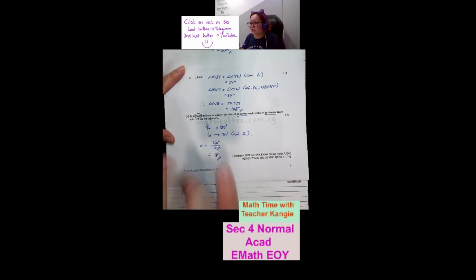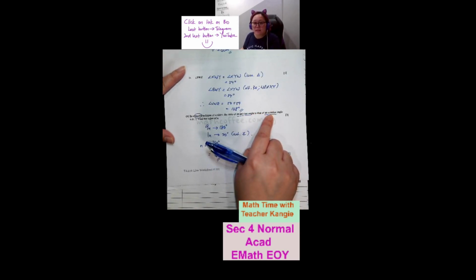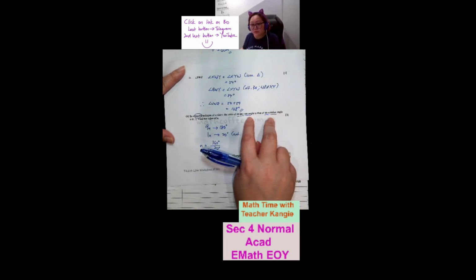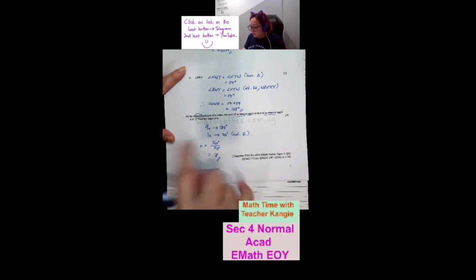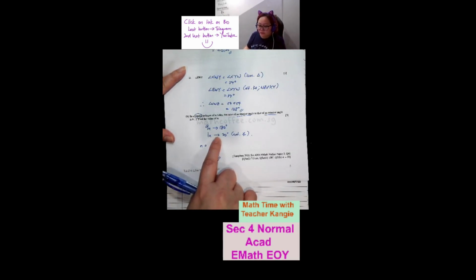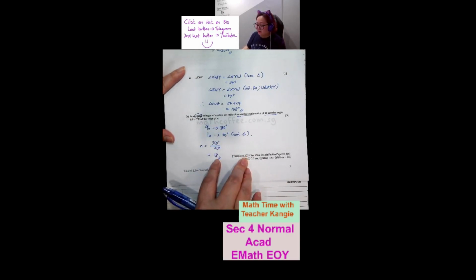The first concept is 1 interior angle plus 1 exterior angle is 180 degrees. The second concept is the sum of exterior angles is 360 degrees. The third concept is that regular means all the angles are equal, so therefore 360 divided by 1 exterior angle, you will get the number of sides.